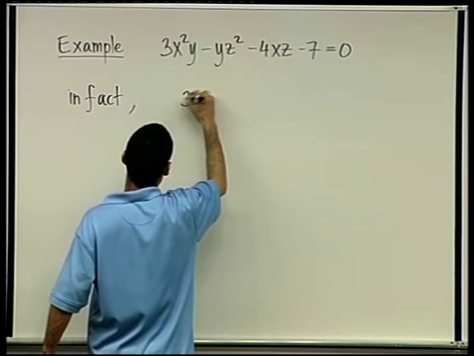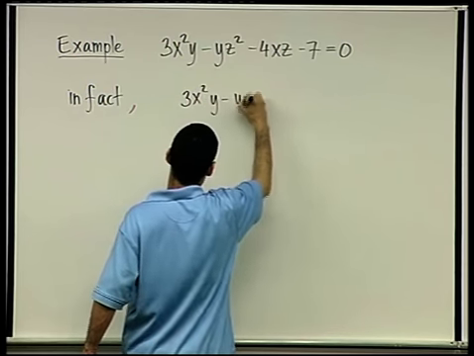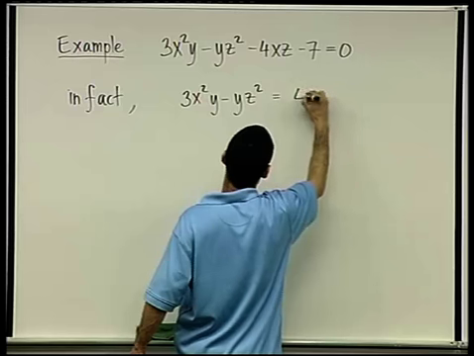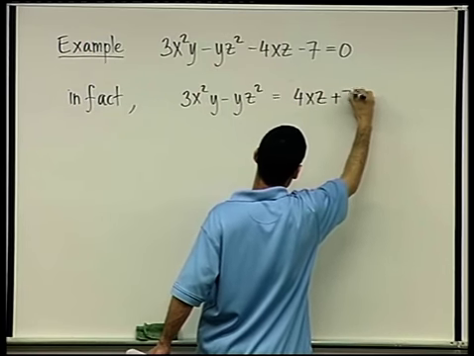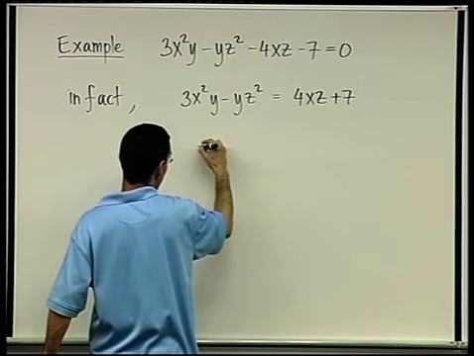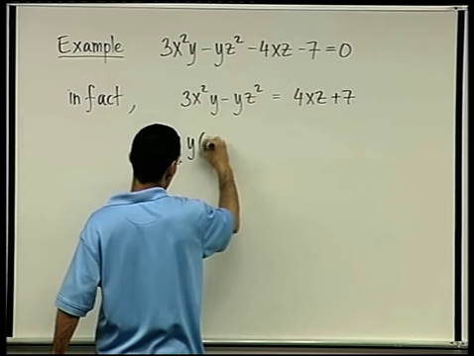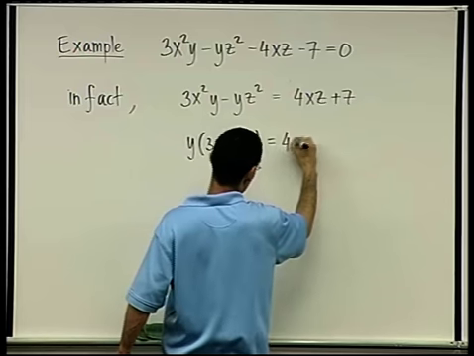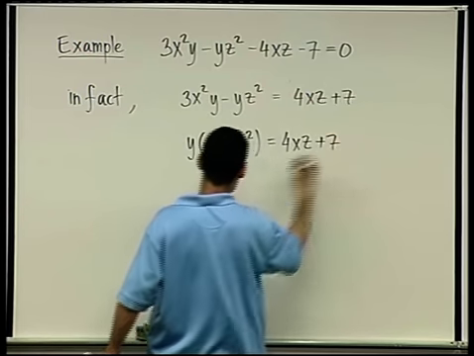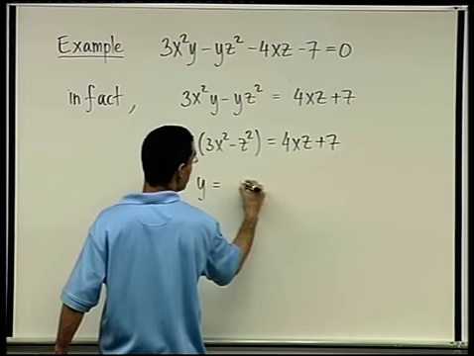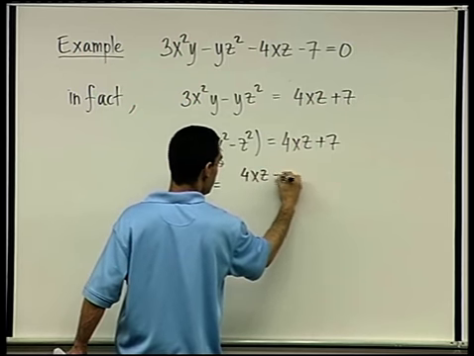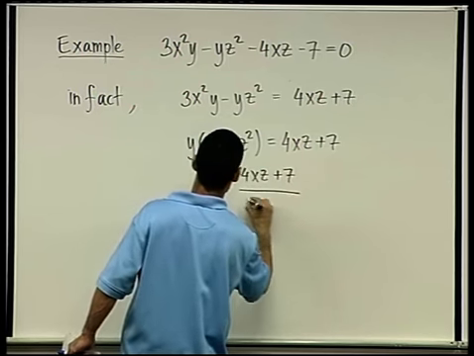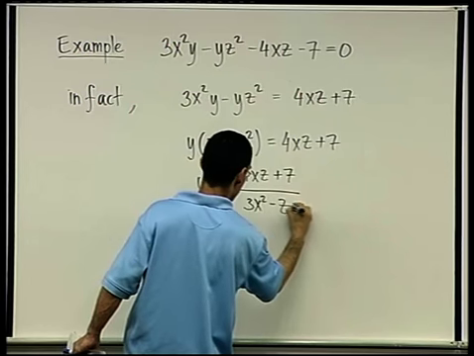We write 3x squared y minus yz squared equals 4xz plus 7. And therefore, we can pull out a y here. Y times 3x squared minus z squared equals 4xz plus 7. And y equals, there it is, 4xz plus 7 divided by 3x squared minus z squared.